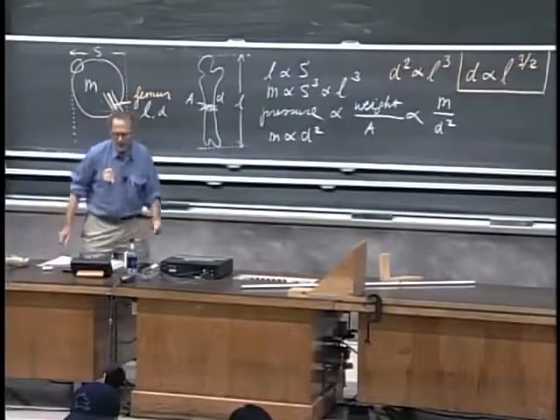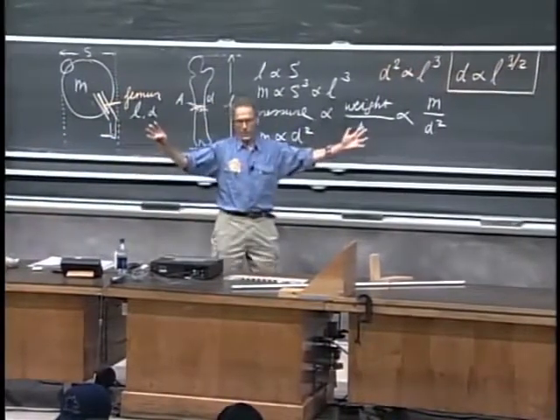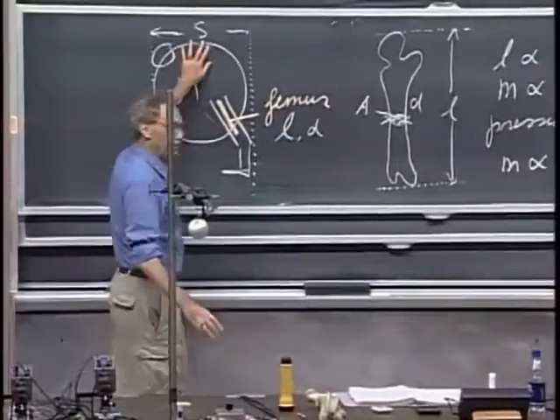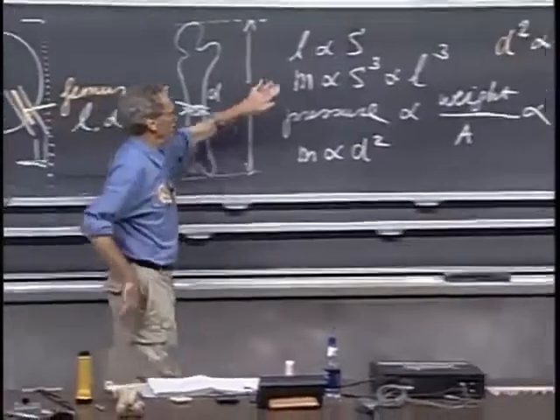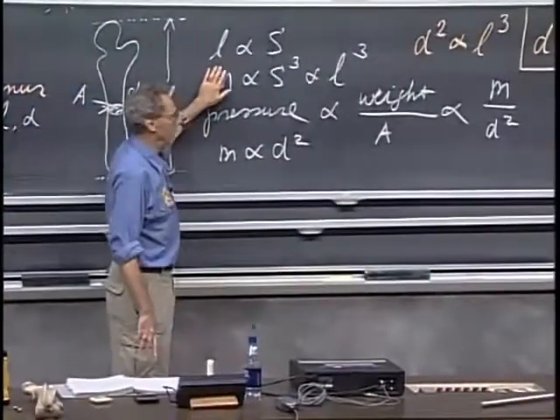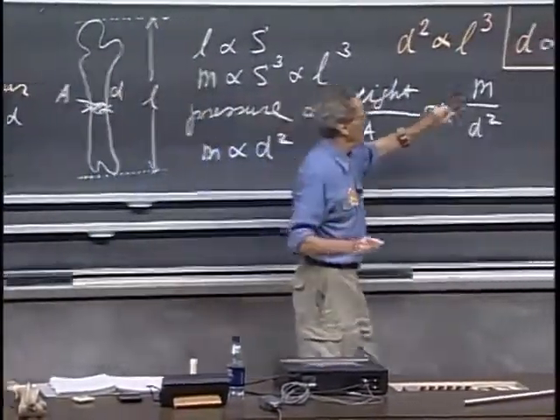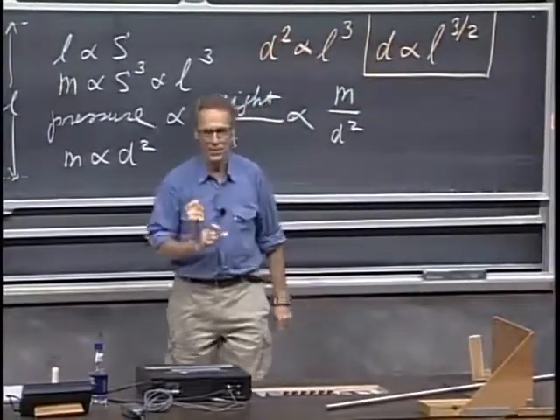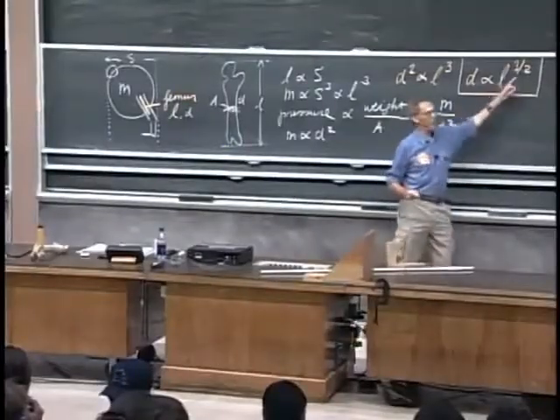It tells you that if I have two animals, and one is 10 times larger than the other, that the lengths of the legs are 10 times larger, but that the thickness of the femur is 30 times larger, because it is L to the power 3/2.